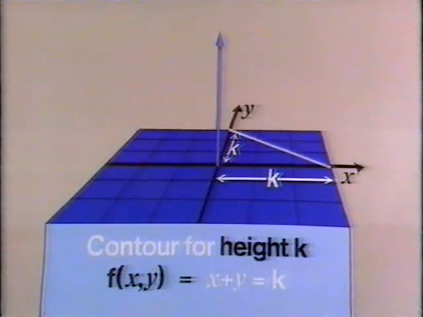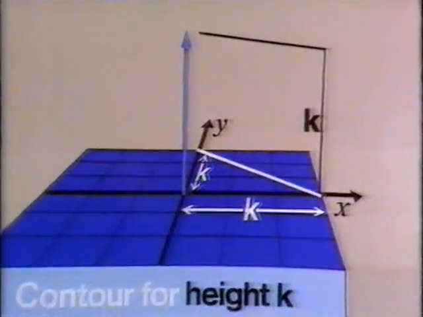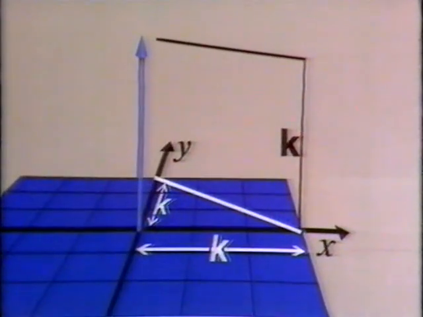And the section of the surface corresponding to this contour line is a copy of the line lifted up to a height k. And if we vary the value of k, we'll get a family of parallel contour lines, and the height of the section will vary.